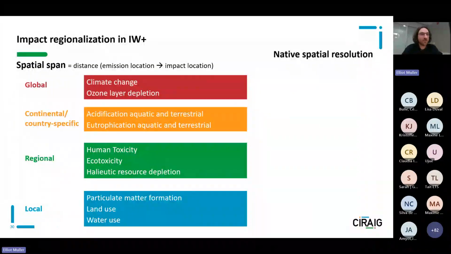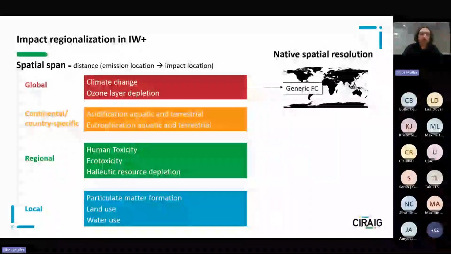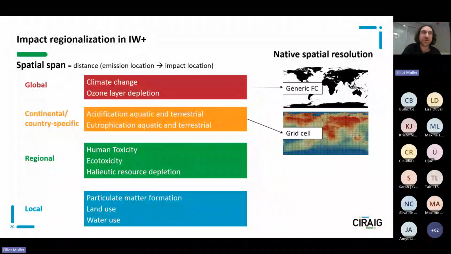For example, some indicators such as climate change only have global factors because no matter where the emission is going to happen, the impact is going to be at the global level. For other indicators, such as acidification or eutrophication, the impact is really dependent on the spatially geographic place where it has been emitted.